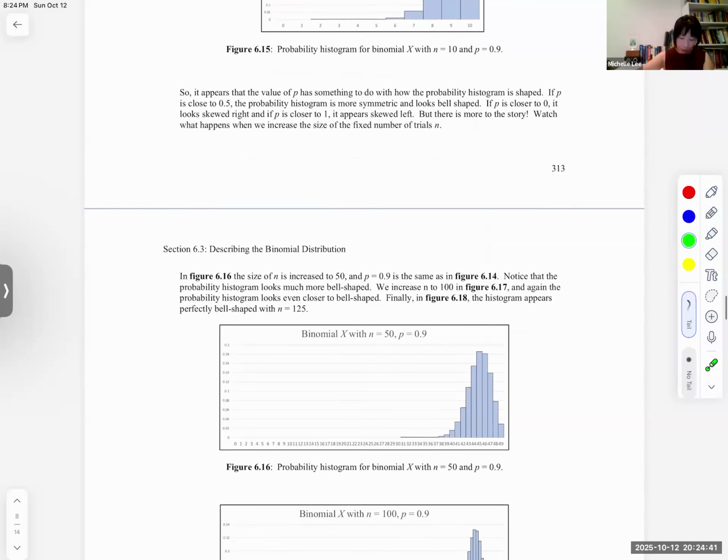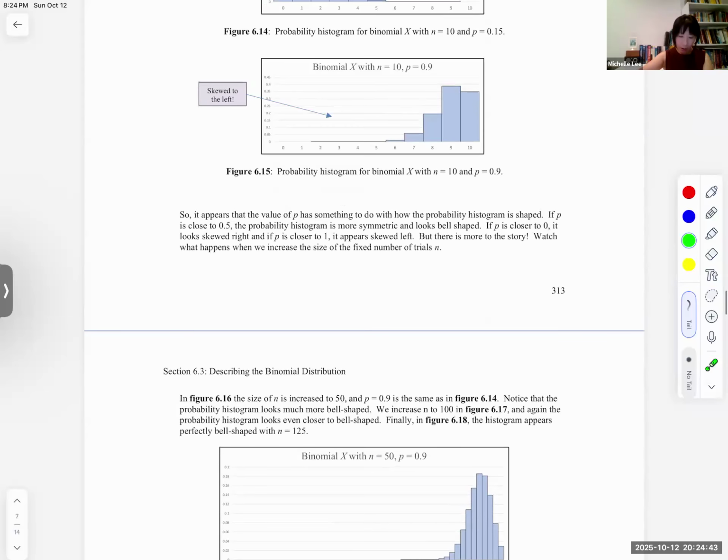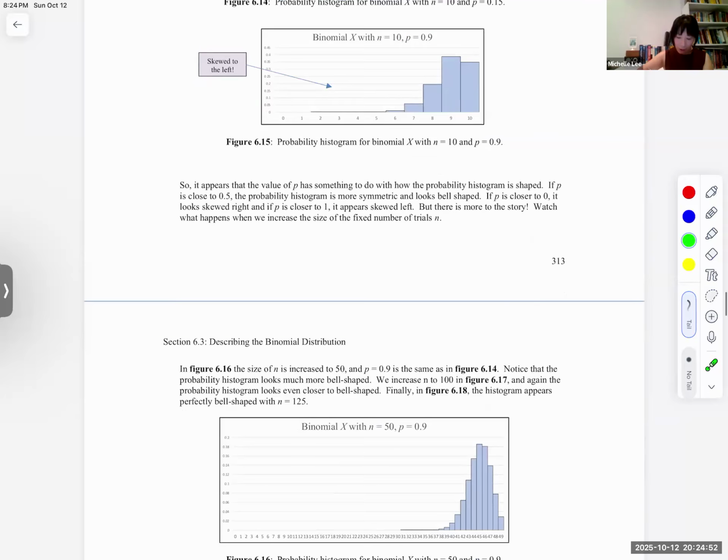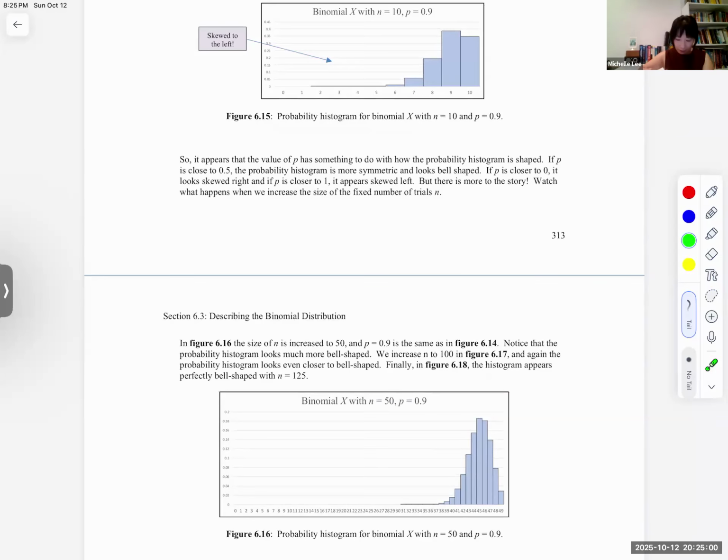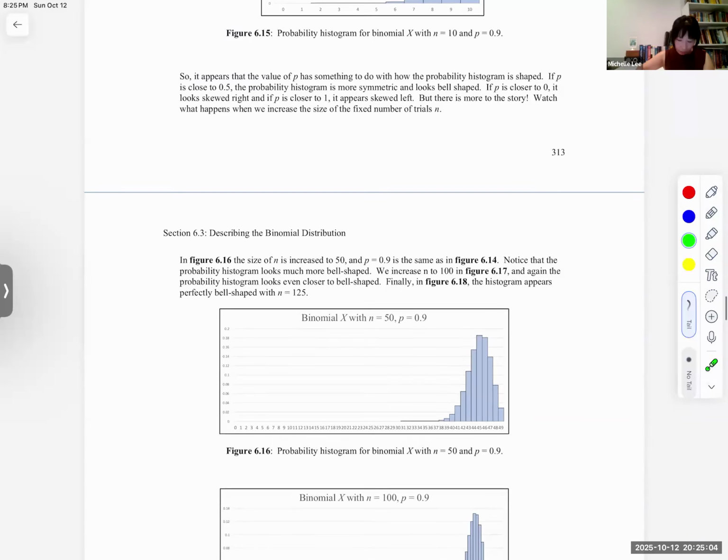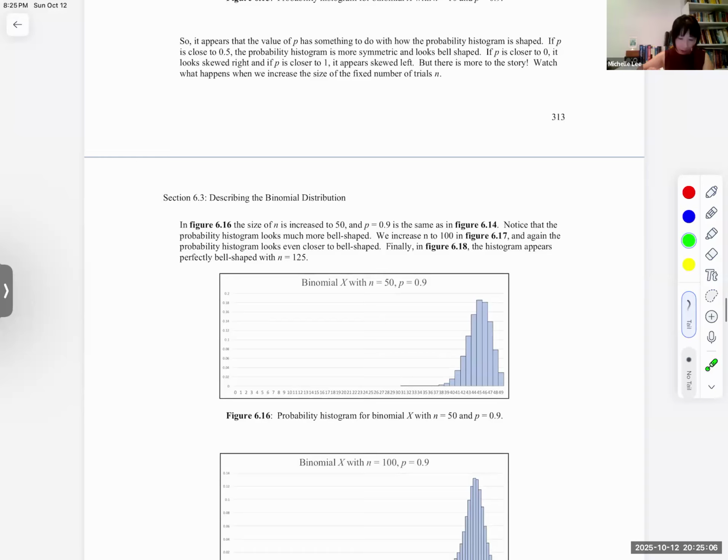All right, let's take a look. What if we have, look, this one is n equal to 10, probability is 0.9. This one has n equal to 50, probability is 0.9. Then we can see the shape is closer to a bell shape, right?